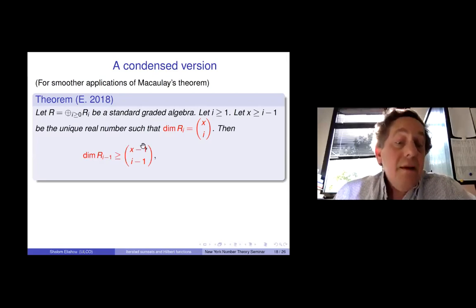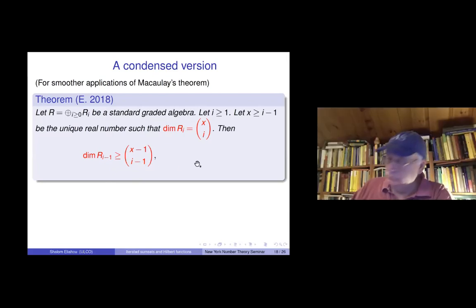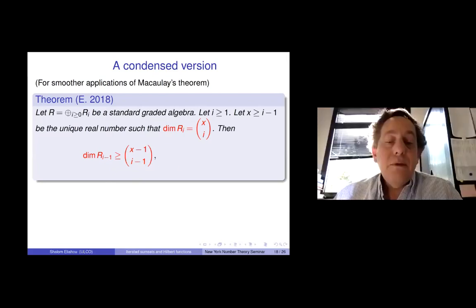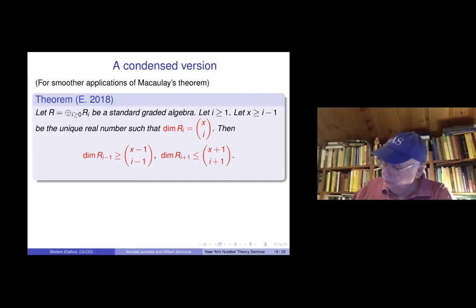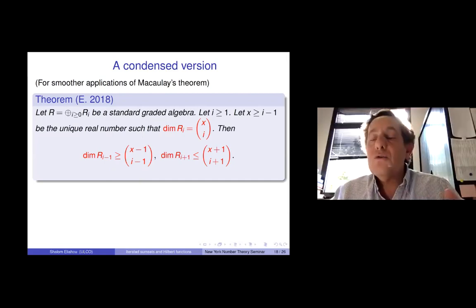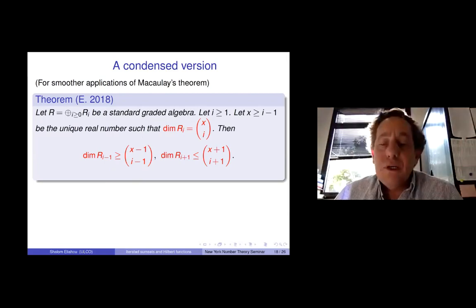So then a lower bound for the piece of degree i minus 1 is this, and an upper bound for the piece of degree i plus 1 is this. So you see again this +1, but it's simpler than in Macaulay because you don't have this sum of binomials. You just have one binomial, and so this is simpler.